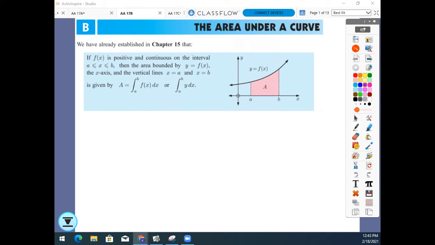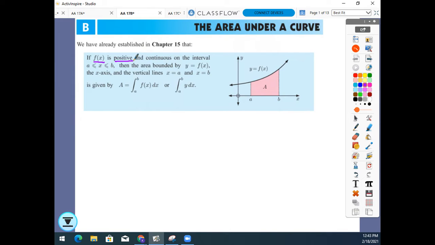So section B, we're starting to get into specific ways that we use the antiderivative, and that's finding area under the curve. Notice this spells out some specific things. F of x has to be positive.